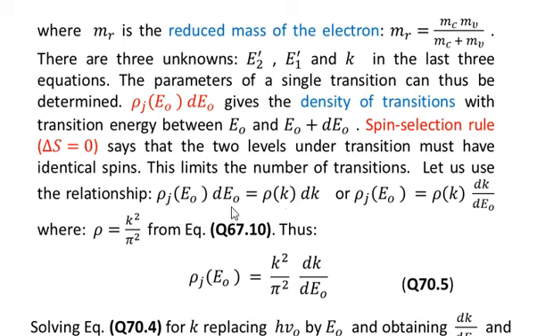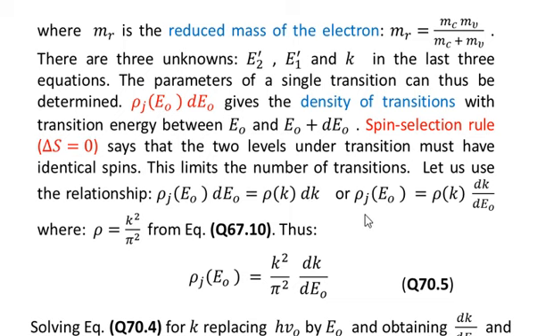So both statements become equal, either we represent it in terms of k or in terms of energy. So we have rho j of E naught into dE naught is equal to rho of k into dk, where rho of k will give you the density of states or density of transitions lying between k naught and k naught plus dk.